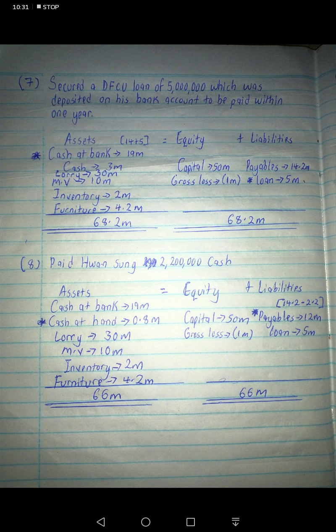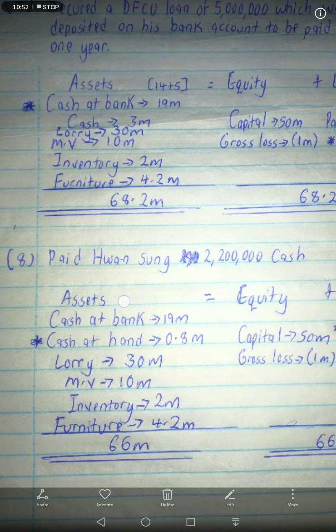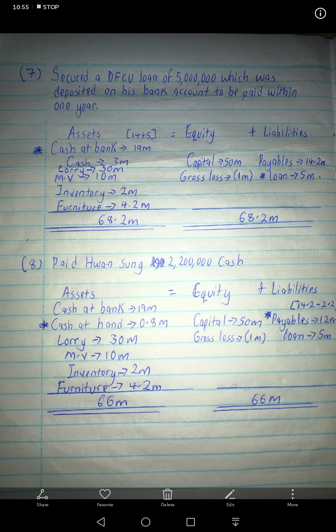Then they say he paid Hang Seng 2.2 cash. So with this we are having our assets equal to equity plus the liabilities. So they're saying cash at bank is going to be 19M. Then cash at hand, here they're saying he paid Hang Seng 2.2.